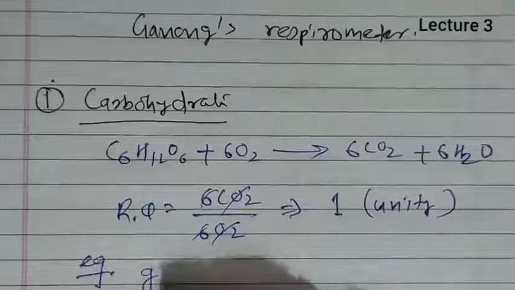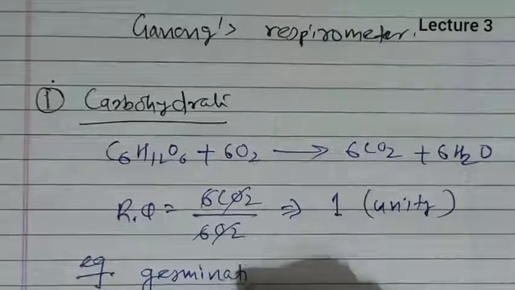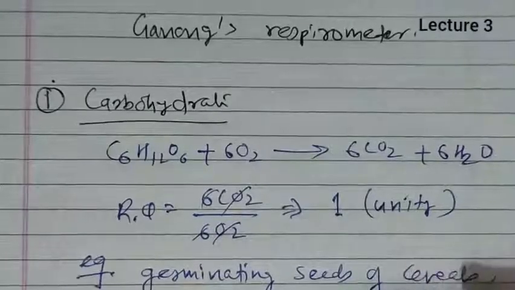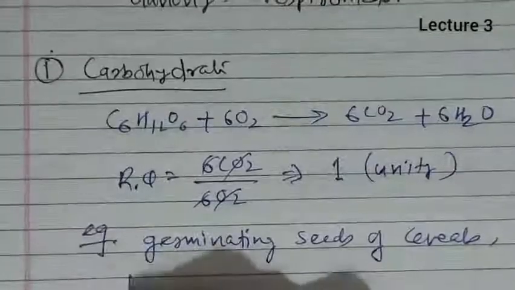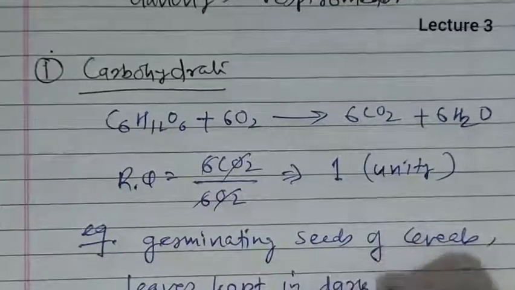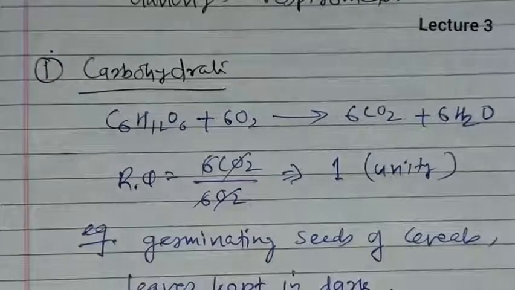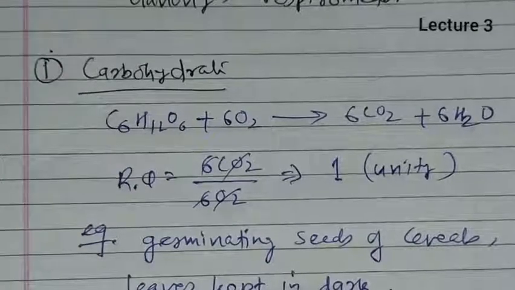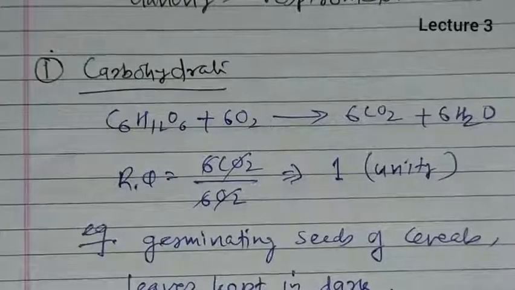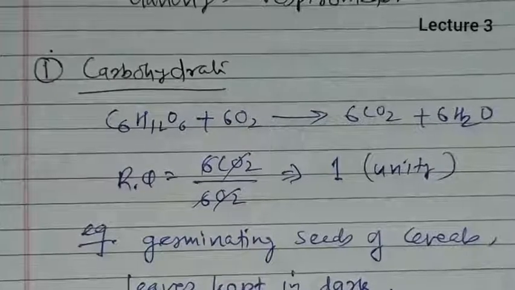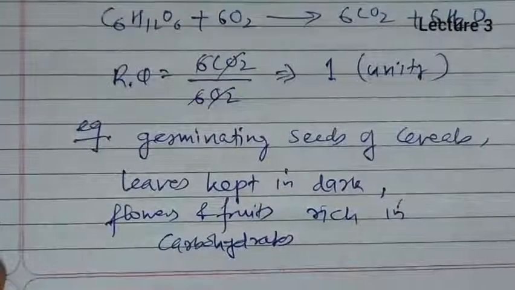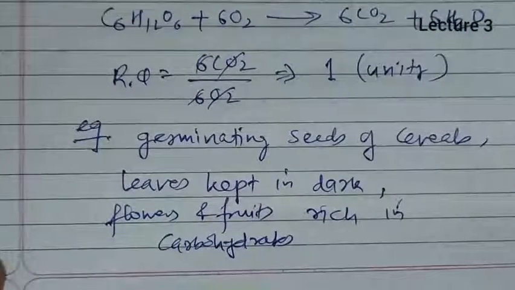Examples are germinating seeds of cereals, leaves kept in dark, flowers and fruits rich in carbohydrates, which have an RQ equal to 1.